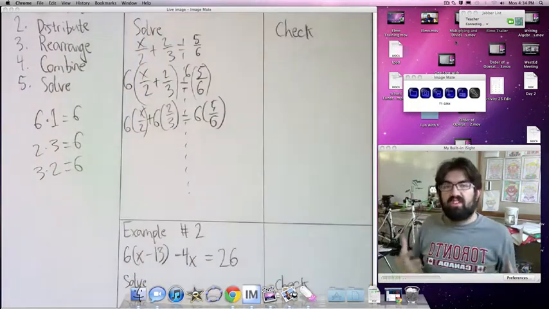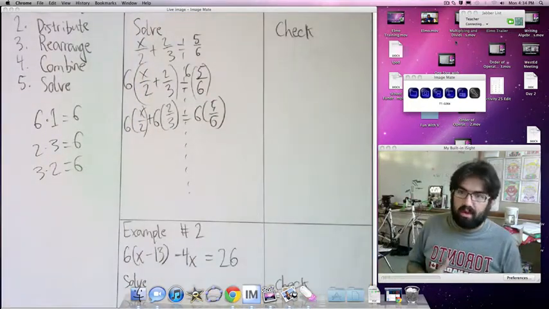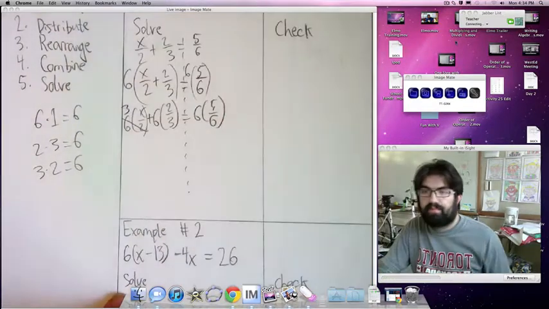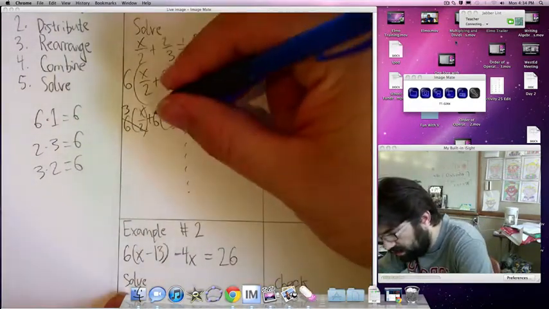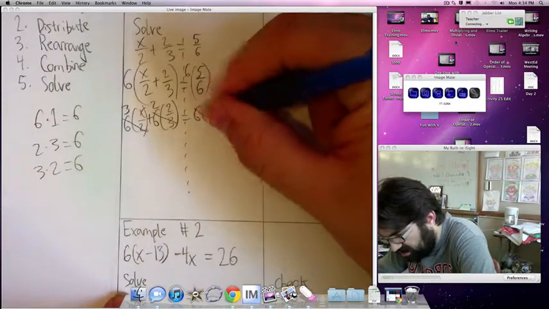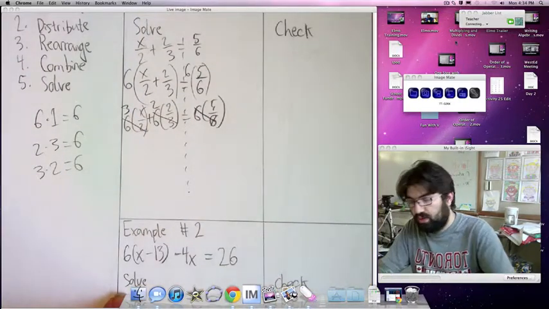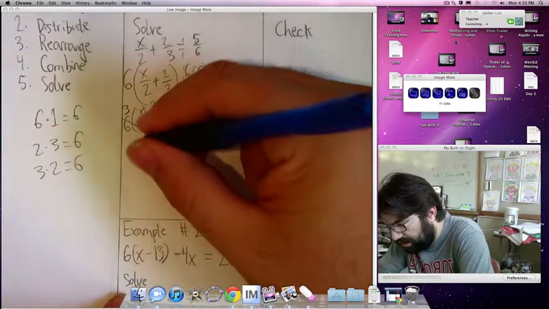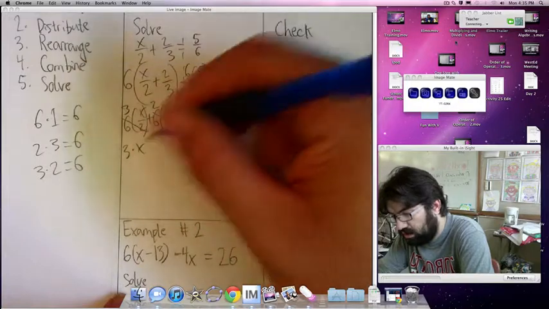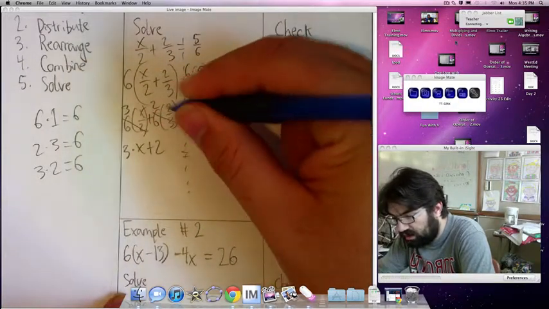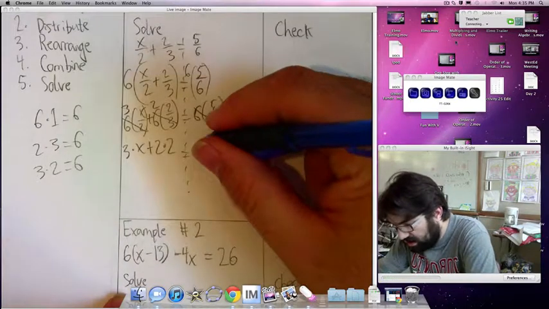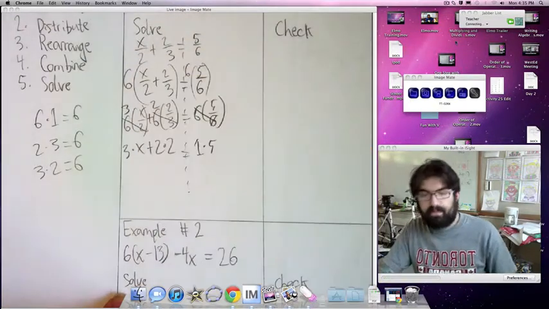Order of operations lets me divide before I have to multiply. So I can take 6 over 2 and that equals 3. 6 divided by 3 is equal to 2. And 6 divided by 6 is actually just equal to 1. So when I rewrite this, I have 3 times whatever was on top, so x, plus 2 times 2, which is then equal to 1 times 5.